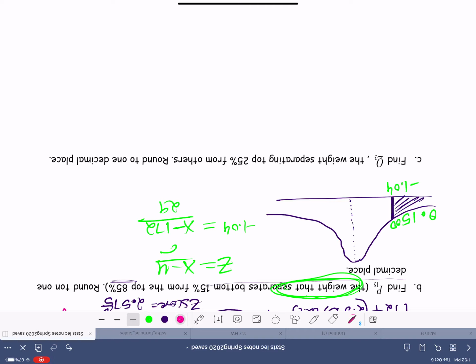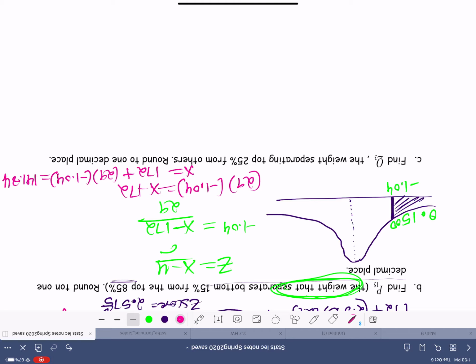The first step would be to multiply 29 on both sides, and that would be x minus 172. And the next step would be to isolate the x. I would add 172 to both sides, and that is going to turn out to be, let's use a calculator, 141.8 pounds.